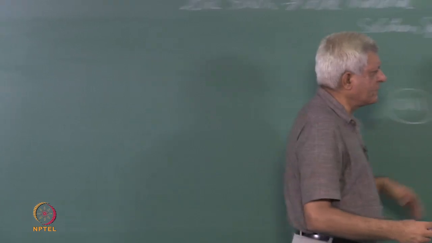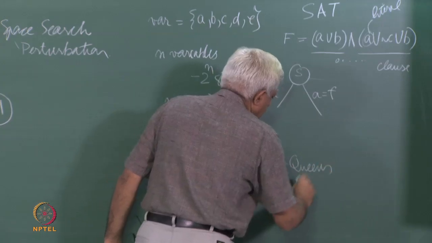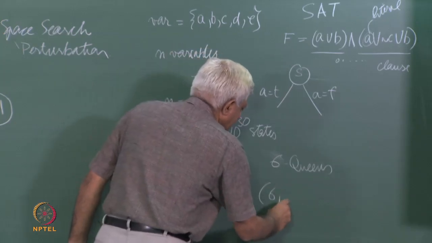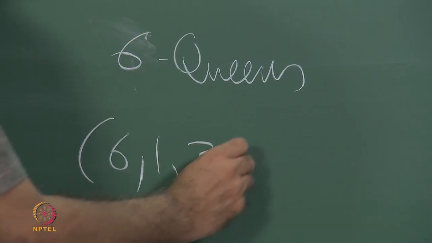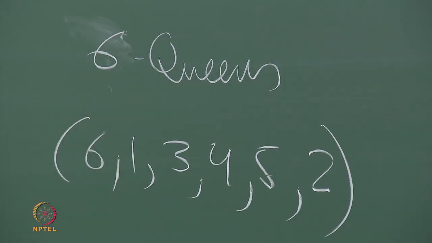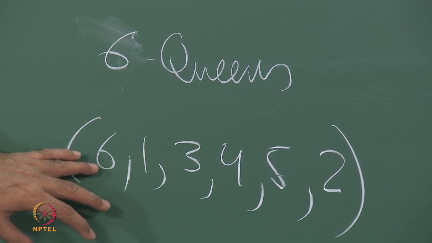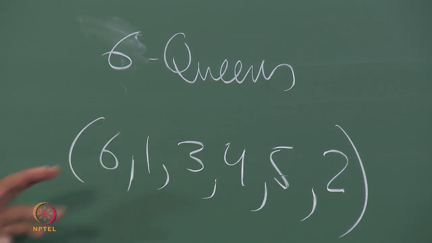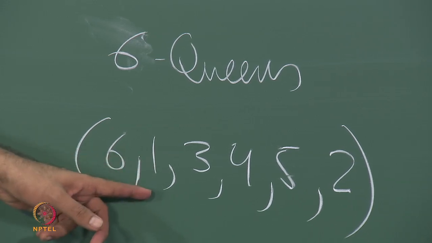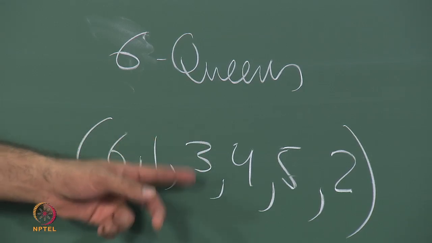So, for example, in n queens you might say, let us say 6 queens, I could say that this is a candidate: 6 1 3 4 5 2, and I would interpret this as saying that this is the first column, this is the second column, third column, and so I am saying the first column queen is in the 6th row, the second column queen is in the first row, the third column queen is in the third row, and so on and so forth.